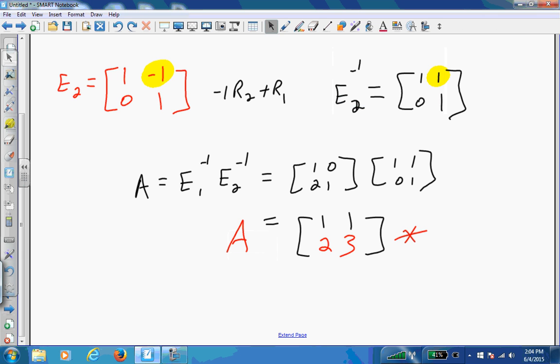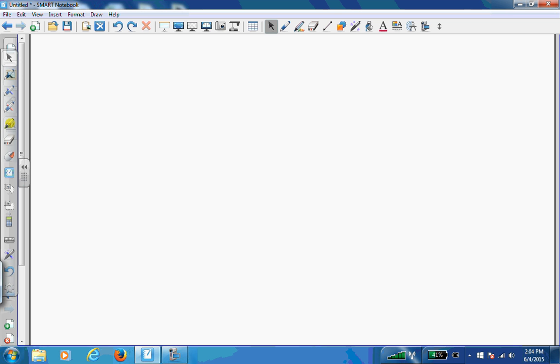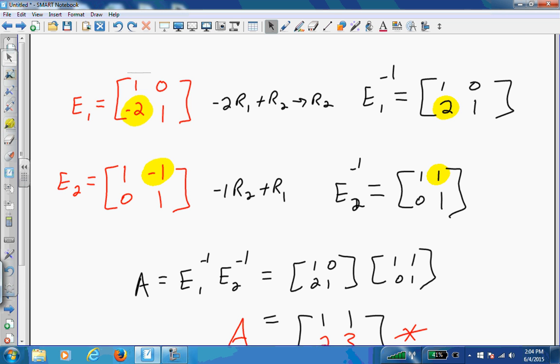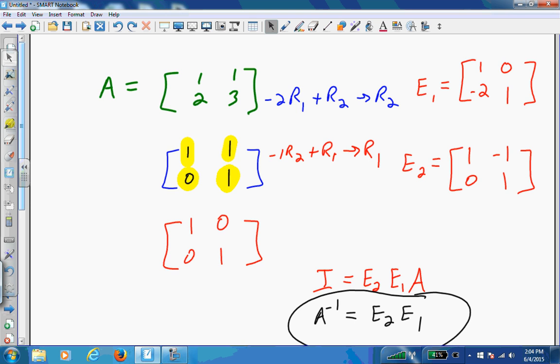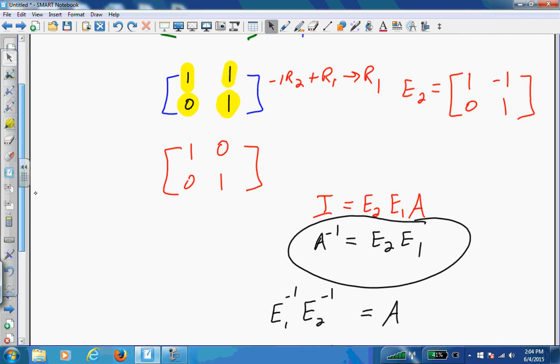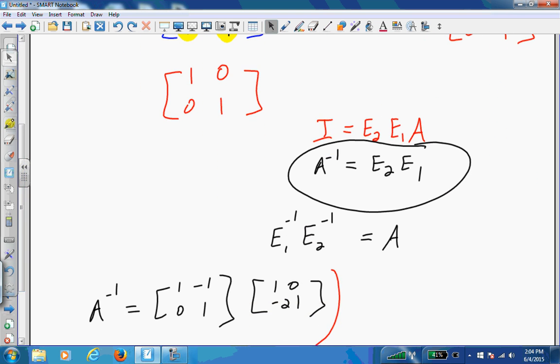So quickly, let's talk about some consequences of this. So we said that we can do all these row operations and get down to the identity matrix. Then the inverse is a product of those row operations.